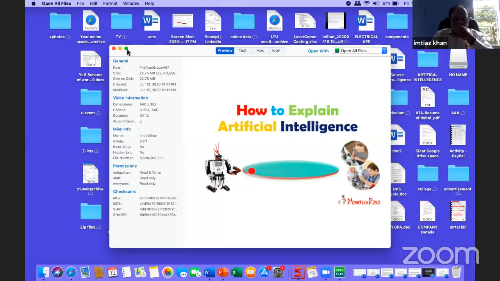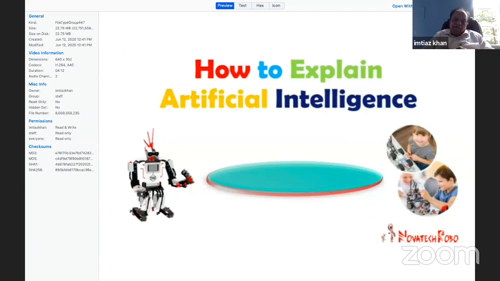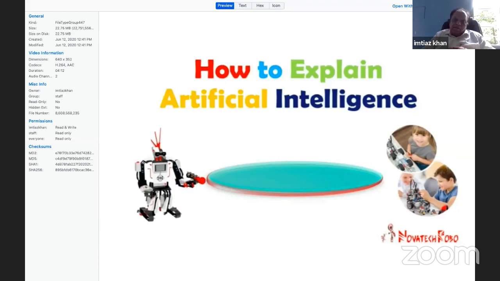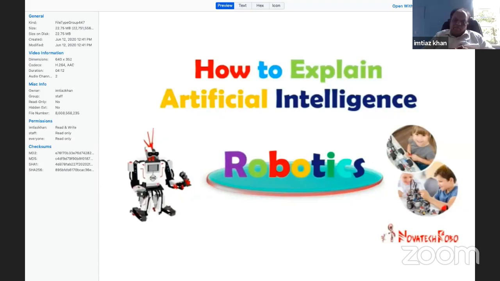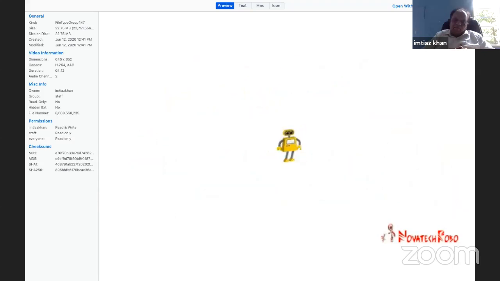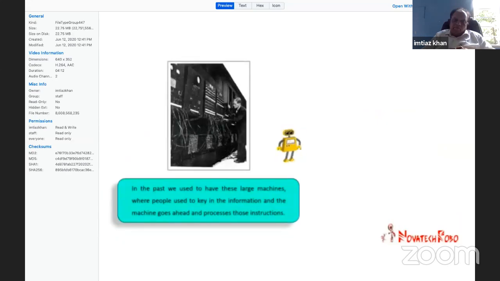Artificial intelligence to kids. Teaching kids about artificial intelligence and machine learning is pretty tough, but it is possible. The words artificial intelligence and machine learning sound complex, but they are not difficult to learn through robotics. Kids can understand the artificial intelligence concepts easily through robotics. In the past, we used to have these large machines where people used to key in the information, and the machine goes ahead and processes those instructions.